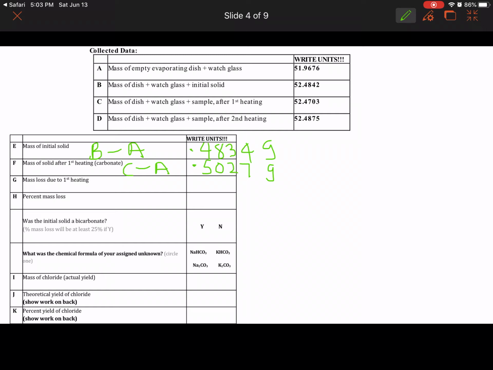E minus F. So E is 0.5027 minus 0.4834. That's 0.0193.